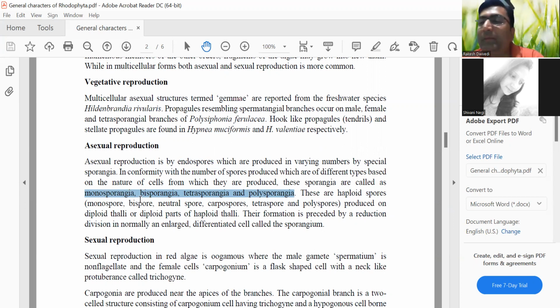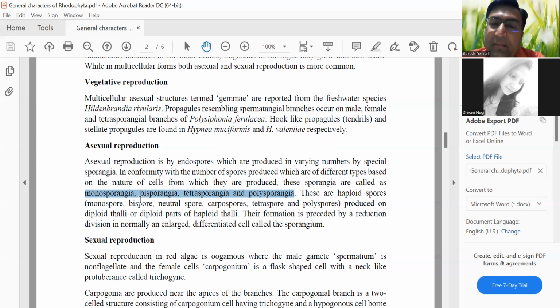They may be formed in the gametophytic plant body, or they may develop in the sporophytic plant body, or tetrasporangia are found in the tetrasporophyte. These are haploid spores: monospores, bispores, tetraspores, polyspores.